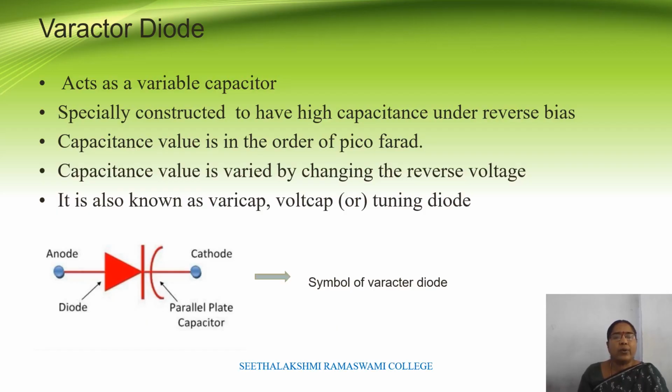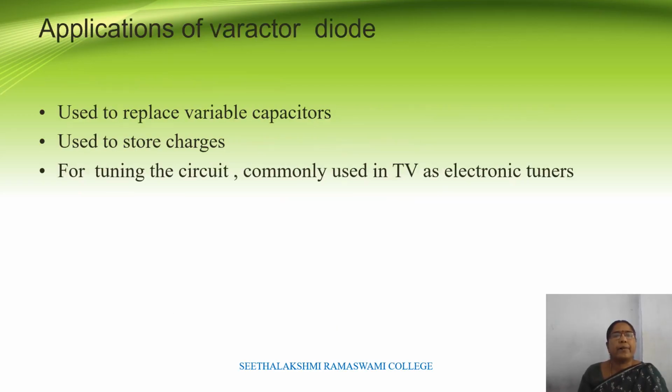Capacitance value is varied by changing the reverse voltage. This diode is also known as varicap, voltcap or tuning diode. The symbol of the varactor diode is shown in the figure. Applications of varactor diode: used to replace variable capacitors, used to store charges, for tuning circuits, and commonly used in TV as electronic tuners.